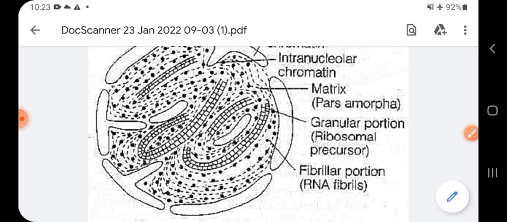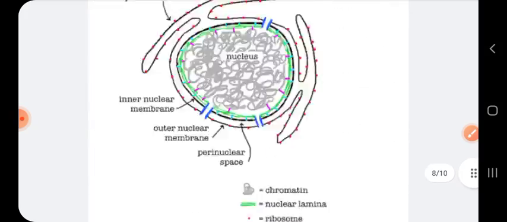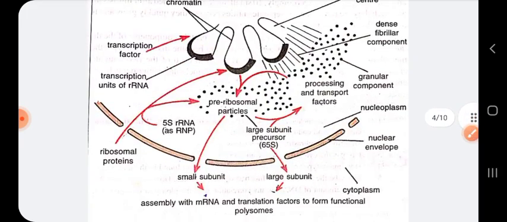So many functions are performed by the nucleolus. If I show you the diagram, yes, this is the diagram. Here we can see the three different regions of the nucleolus and their involvement in ribosome assembly.